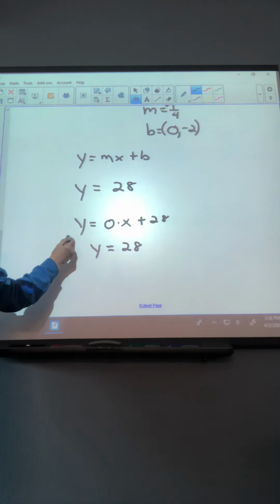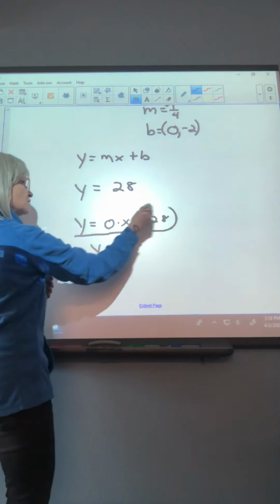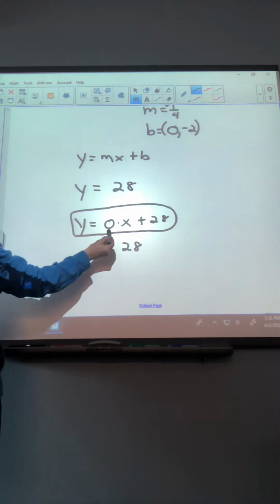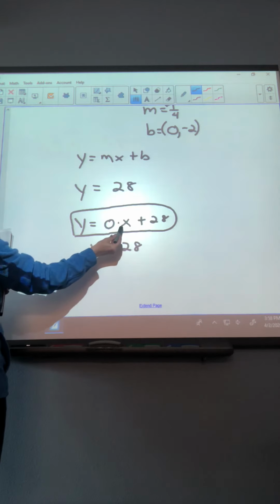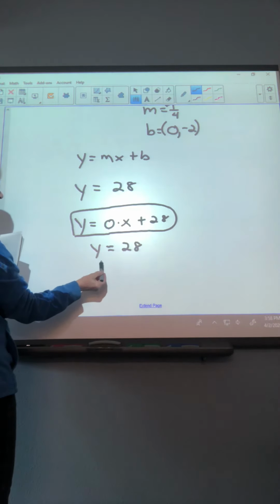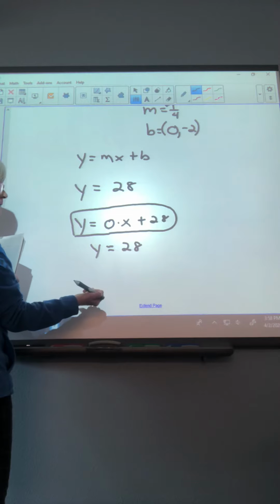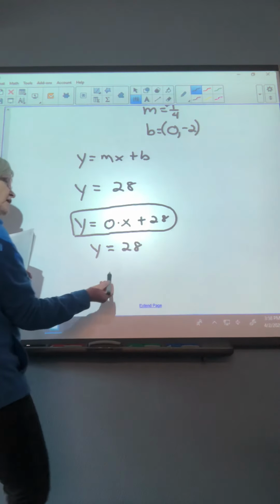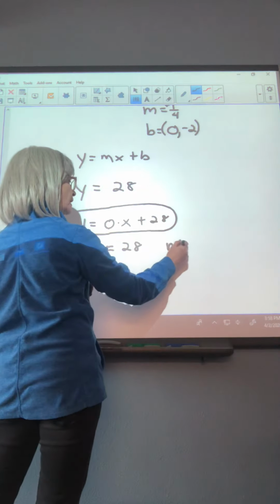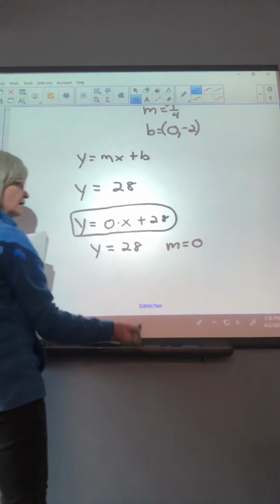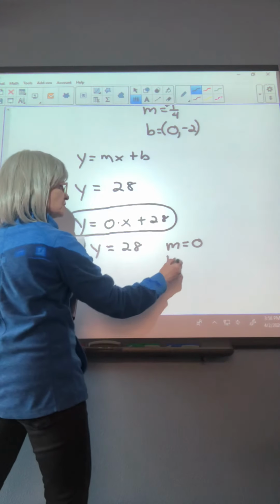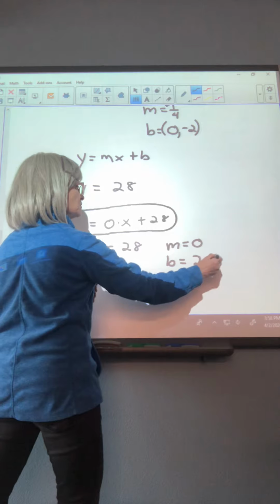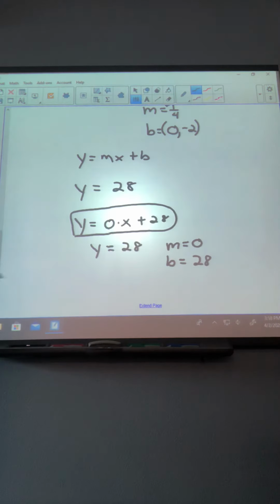So if this could have been the original equation, and it's simplified by 0 times x, gives you y is equal to 28. Okay, so if you had to find the slope, you would just say, okay, m is equal to 0. Then the y-intercept, which is the b, is equal to 28.